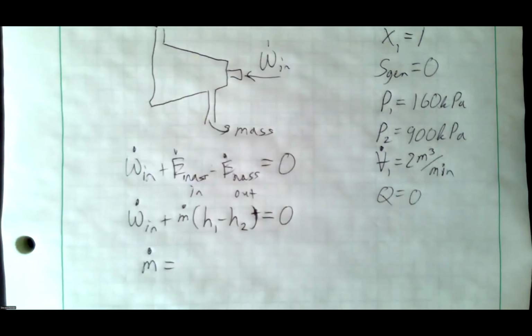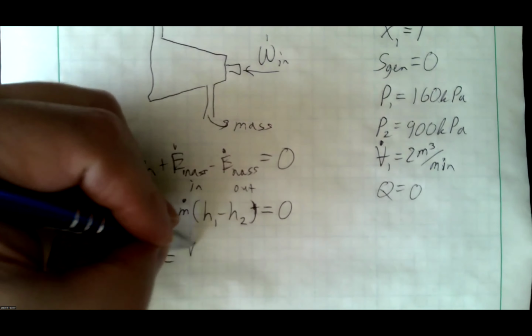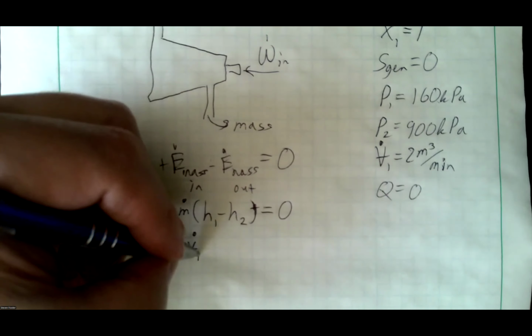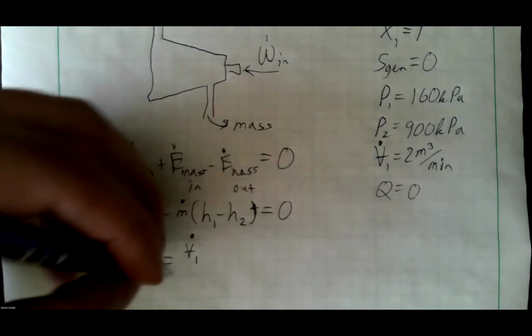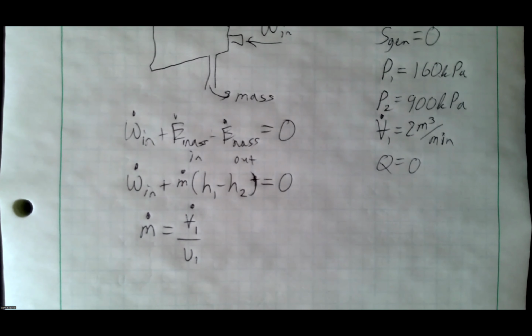And we know M dot at any point is equal to, well, notice here I do have volumetric flow rate at the inlet, and I might be able to find the specific volume at the inlet. If it's a liquid, I might use the density, but since it's a vapor and I've got property tables for R134a, I'm going to use a specific volume here, I think. So this would allow me to get M dot.